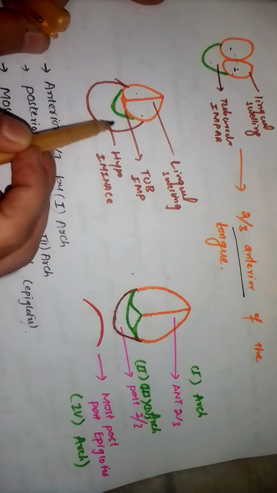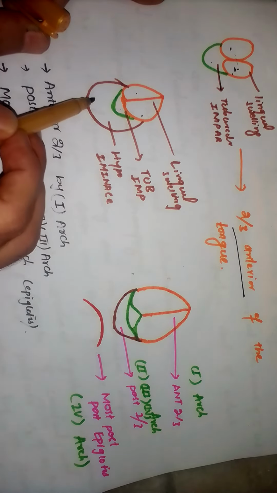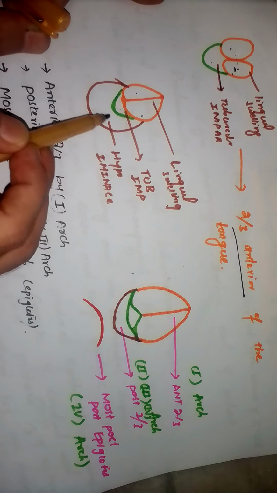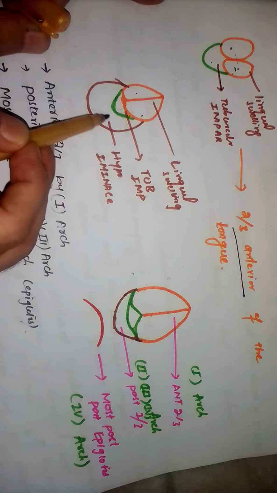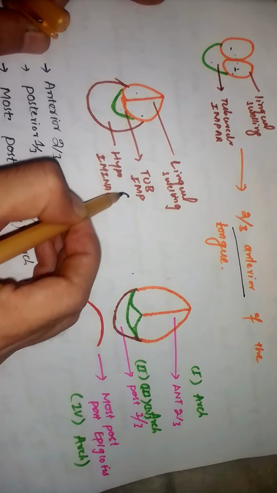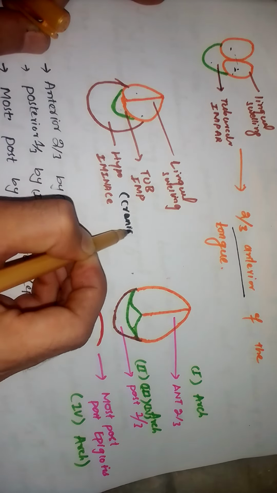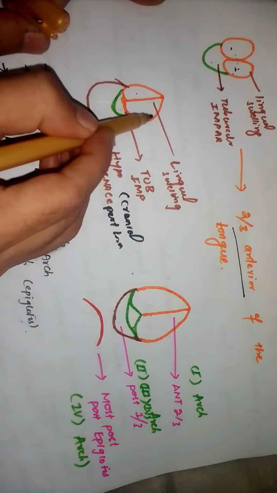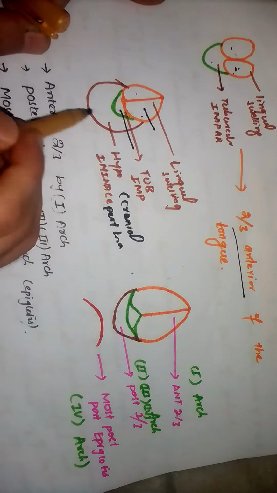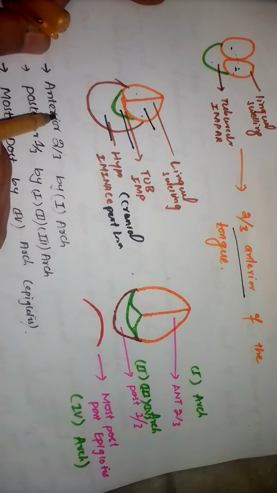This is the posterior 1/3 of the tongue, which is produced by the cranial part of the hypobranchial eminence. These three structures, the two lingual swellings, the tuberculum impar and the hypobranchial eminence, combine to produce the structure of the tongue.